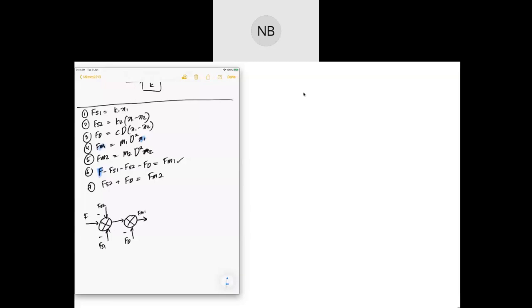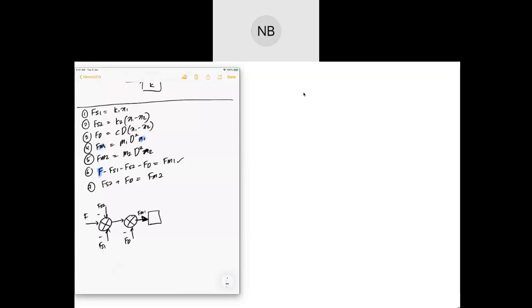In this case, can you see that FM1, the arrowhead is already showing it as an output to the summing point. Therefore, it cannot be output anymore. It has to become input. Okay, it has to automatically become input to a block.